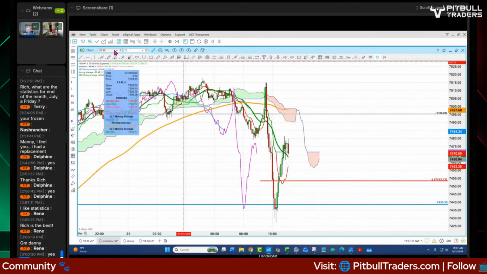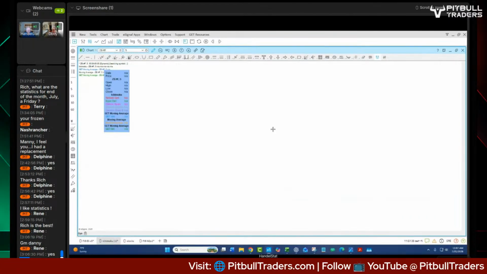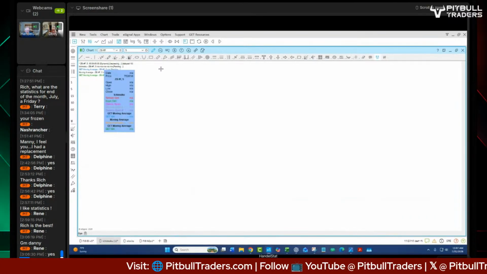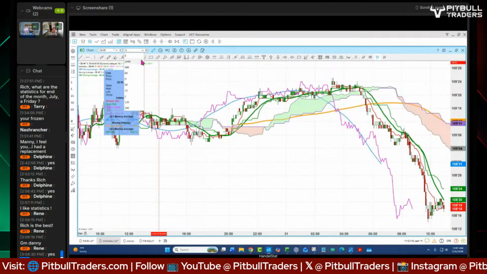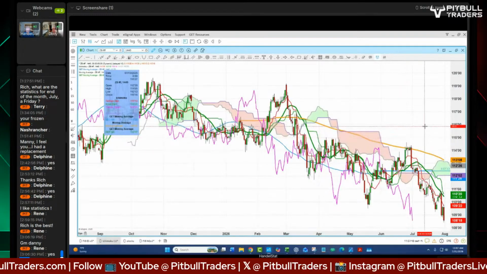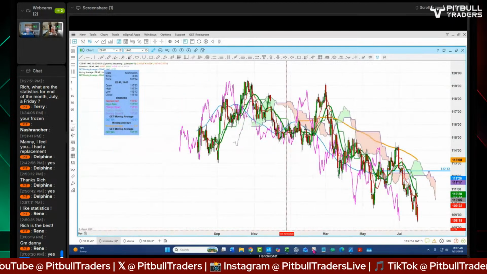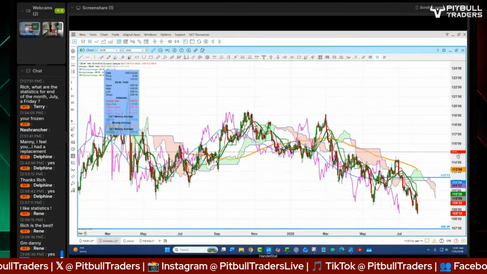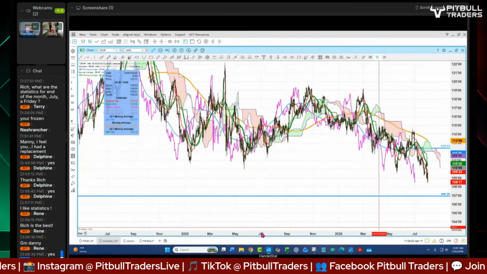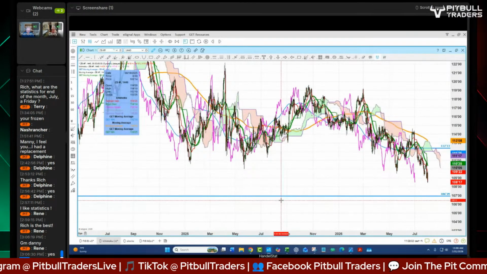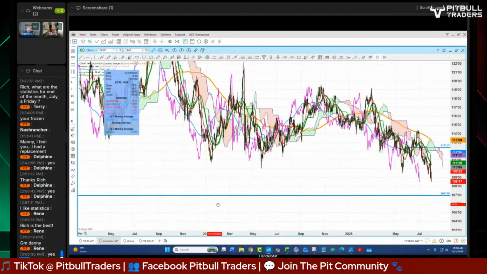Let's look at the bonds. Here's my bond chart. Let's go to the longer chart. Boo, that's not looking good. We talked about the bonds a long time ago, and over a year ago, I said I thought the bonds would just be in a big trading range for a while.